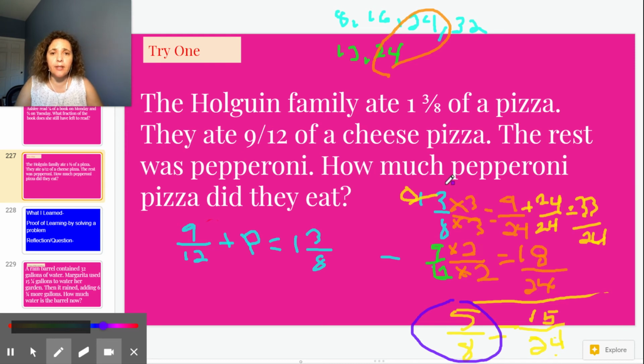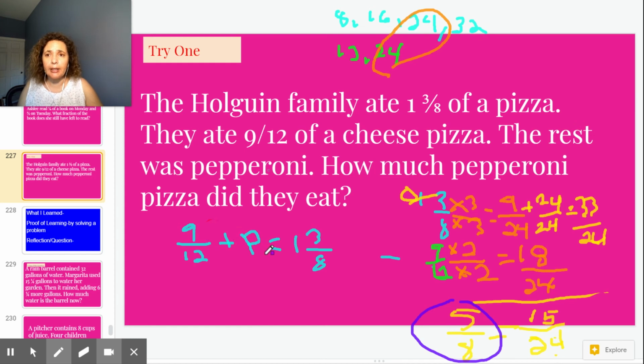So the way I did this, we ate 1 3/8 of a pizza. So that's how much we had in all, that's my total. And we ate 9/12 of a cheese pizza, and the rest was pepperoni. So 9/12 plus the pepperoni equals the 1 3/8. In order to get this, what do I have to do?